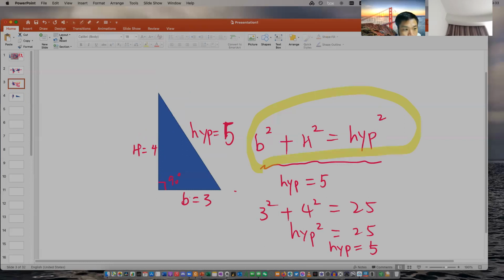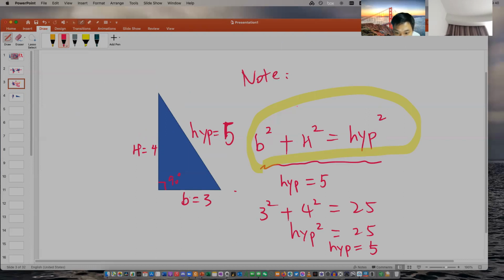Over here, I should put a note: this formula can only be used for right angle triangles. So only when you have a right angle triangle can you use this formula, the Pythagoras theorem.